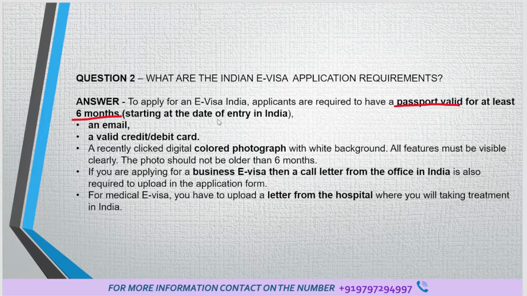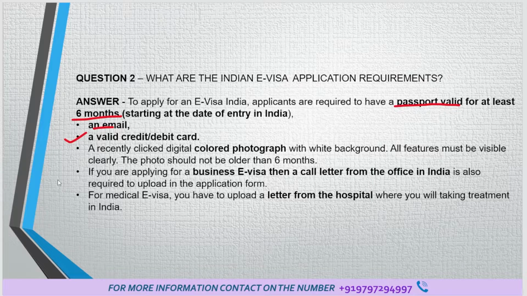Then you have to have an email ID that you have to provide in your application form, because this is the main thing where you'll be receiving your approved visa. So please try to provide current and correct email ID in the application form.